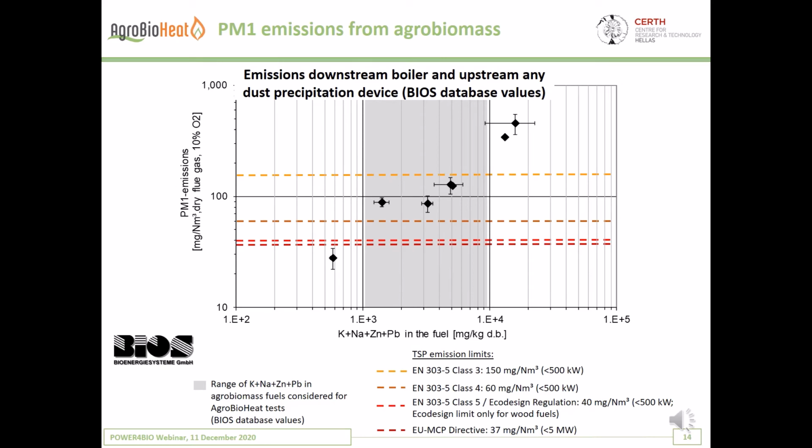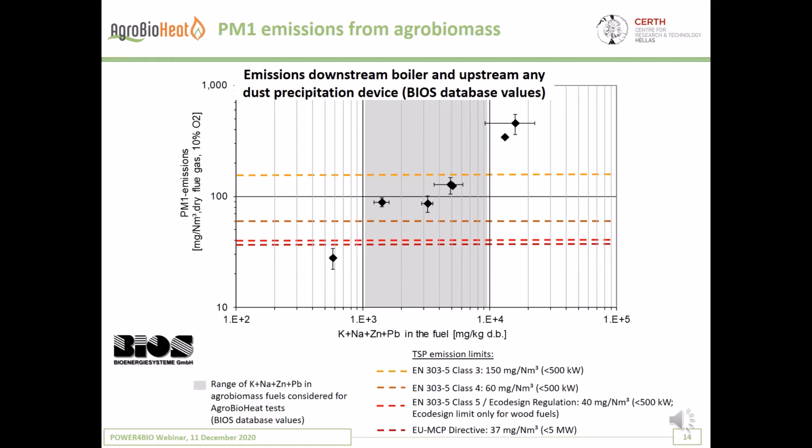On the other hand, the particle emissions from agrobiomass are also quite higher compared to woody biomass fuels. This is due to the fact that agrobiomass contains a lot of potassium, sodium, and other volatile metals, which leads to quite high PM1 emissions after combustion.